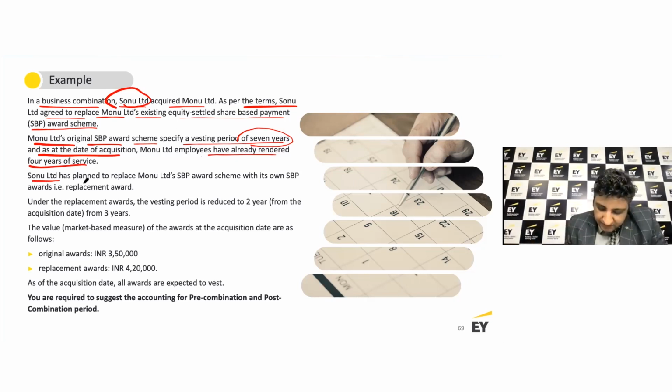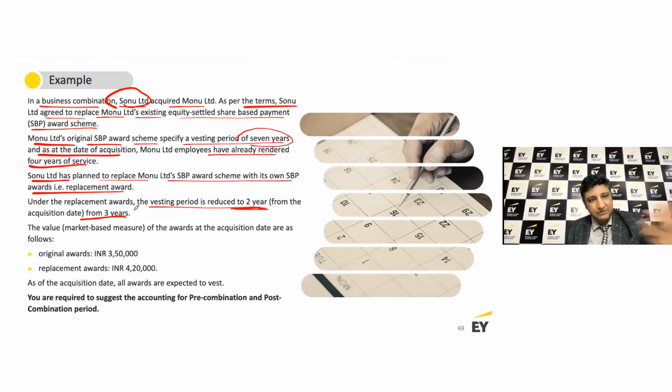Now, Sonu Limited has planned to replace Monu Limited's award scheme with its own award scheme, which is a replacement, of course. Now the vesting period is reduced to 2 years instead of 3 years. So in a way, you are going to support the employees, and you're telling them, look, in the previous organization you were supposed to serve for another 3 years, but now as a part of the group, you may only be required to serve for 2 years, right?